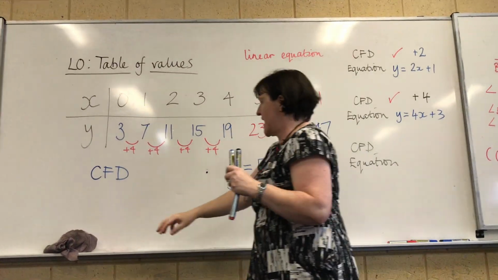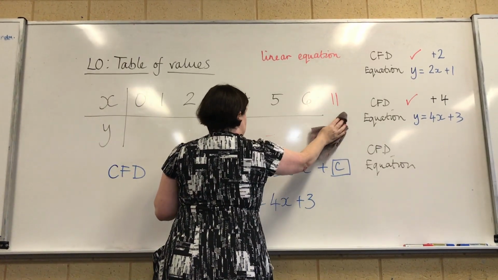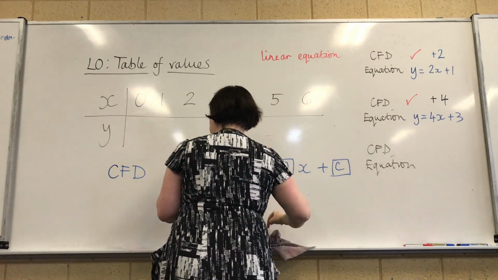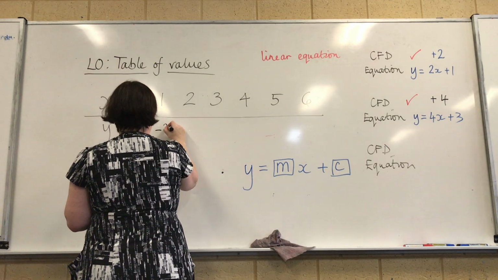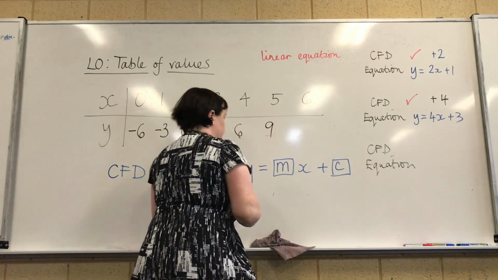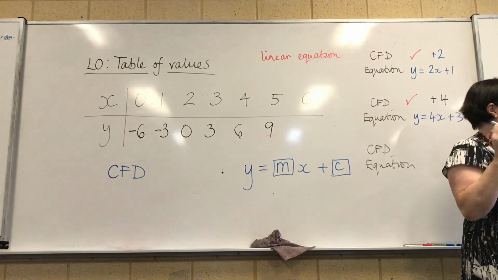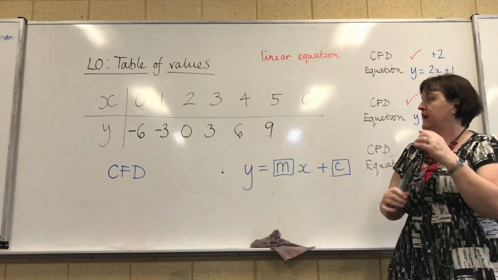Okay, one more table of values. Okay, so here's another line. Well, is it a line? We don't know because we don't know there's a constant first difference yet, do we?